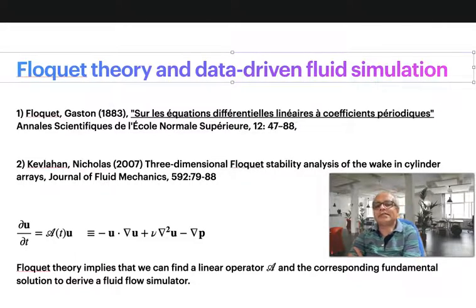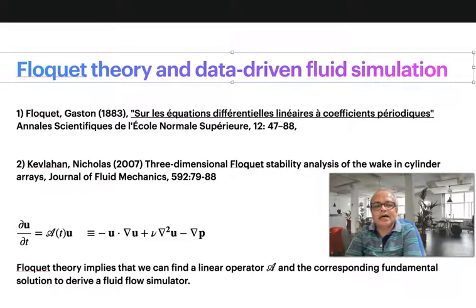The second paper is about the application of Floquet theory in fluid simulation, and obviously this is written in English. You can download it. If you Google the title, you will get a free copy from either the author's website or ResearchGate, or you can get it from the Journal of Fluid Mechanics.